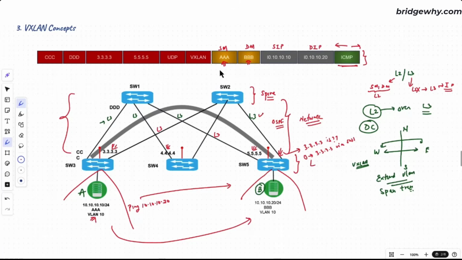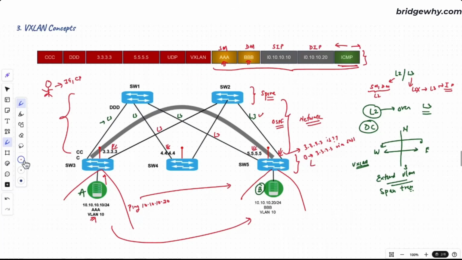Now, this packet will reach switch 3, and switch 3's sole responsibility is to send it to host B, right? But how is it going to send it? There must be somebody, and this somebody is the intelligent guy, or we call it the control plane.